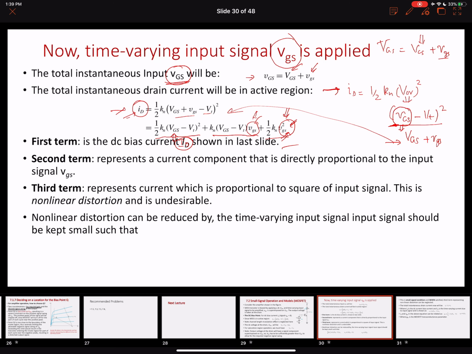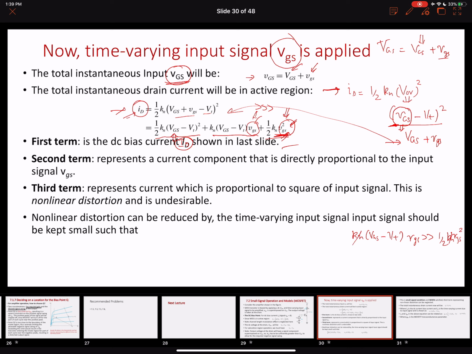So how can I determine the condition in which my amplifier still has linear operation? I want to minimize the third term, or make sure that my second term is sufficiently larger than the third term. So Kn (VGS minus VT) vgs should be sufficiently larger than half Kn vgs square.